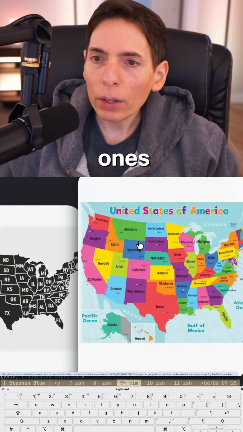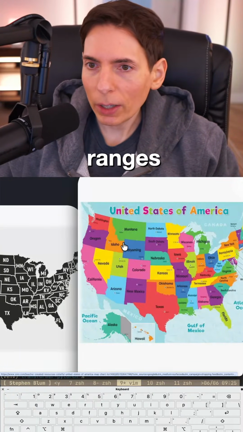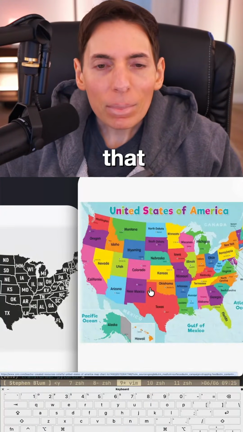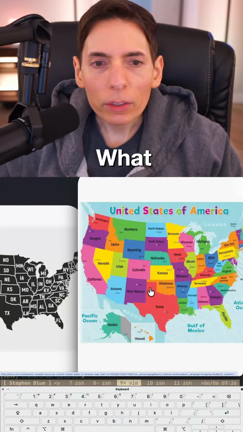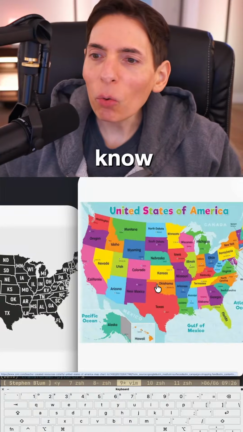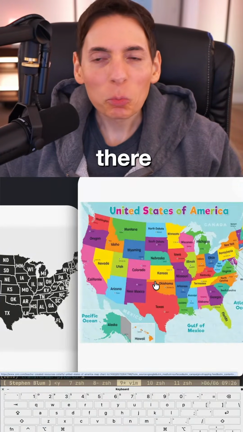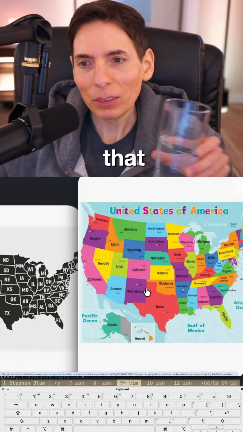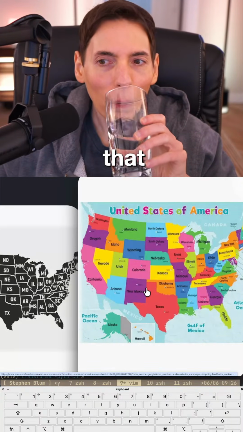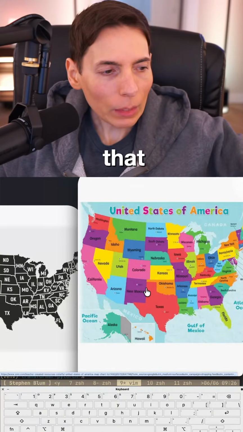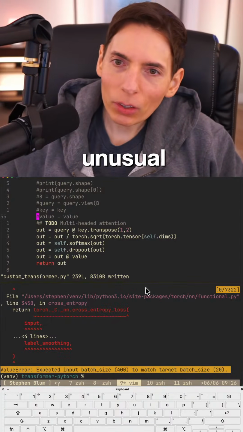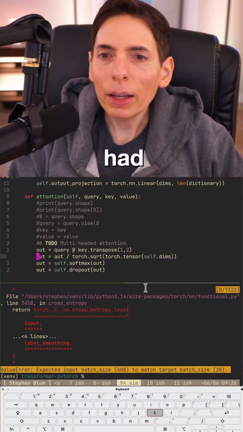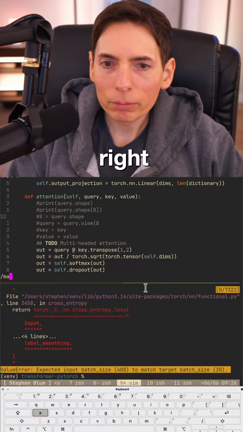And the other ones are like mountain ranges. What is even the straight thing in Oklahoma? I know, right? What is that right there? Why did they do that? Why did they need that? Who negotiated that? It's unusual.